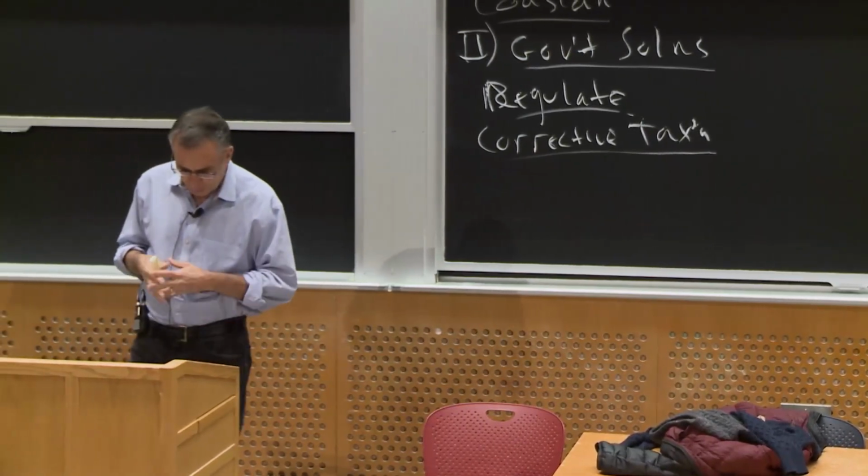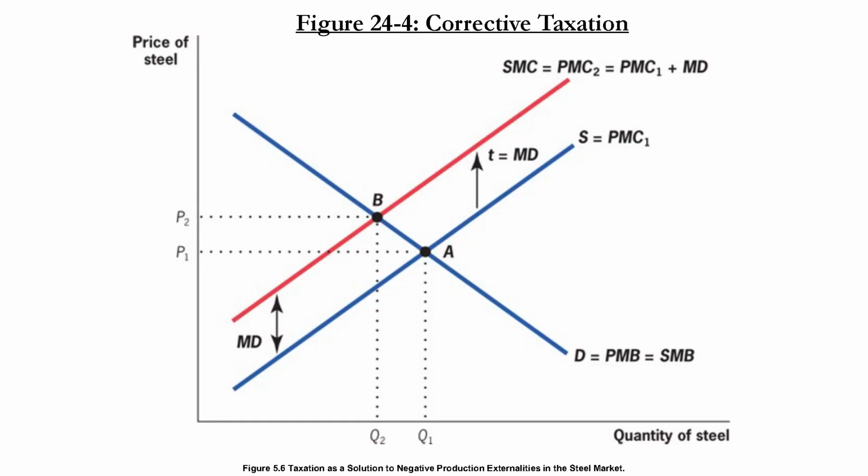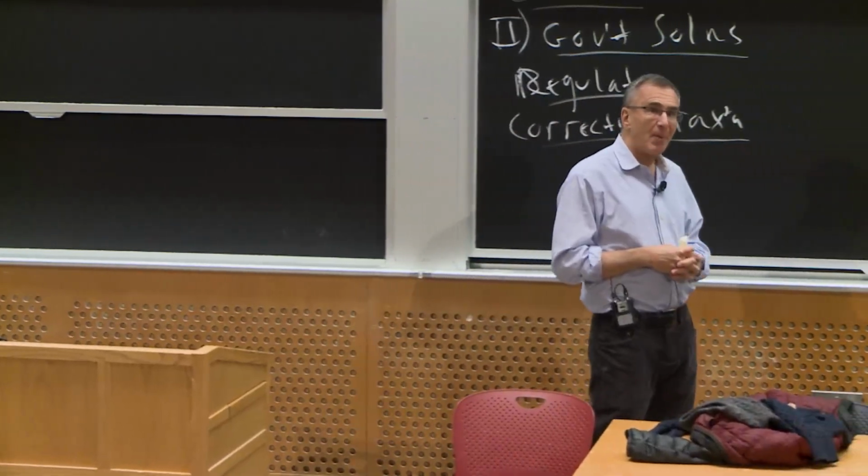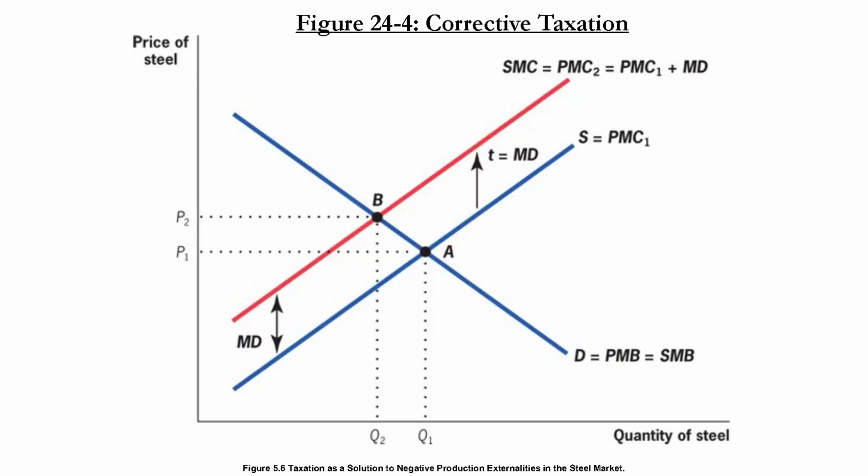What would that do to the steel producer's decision? Well, let's go to figure 24.4. The former equilibrium was at A. Now the government is coming along and saying, I am going to levy a tax on every unit you produce, a marginal tax of MD. That raises their marginal cost by the amount MD, therefore shifting their private marginal cost curve up to the point where it equals the social marginal cost curve.